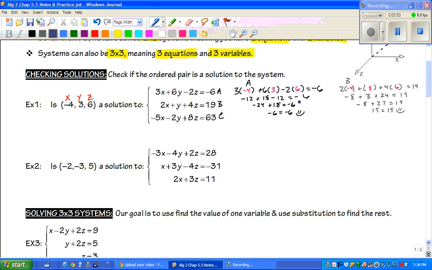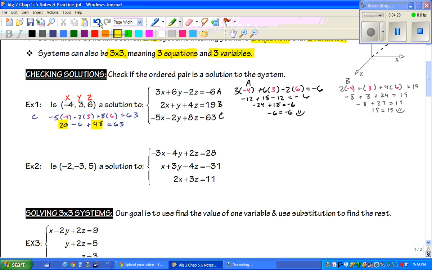We still have to plug in for C, and we're going to plug in C over here because we're kind of running out of room. So -5x minus 2y plus 8z equals 63. So we've got -4, we've got 3, and 6, which gives us +20 minus 6 plus 48 equals 63.